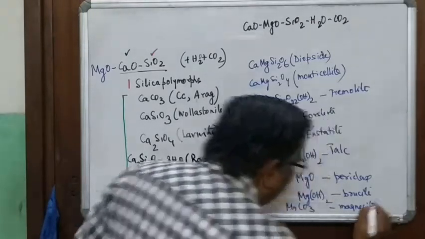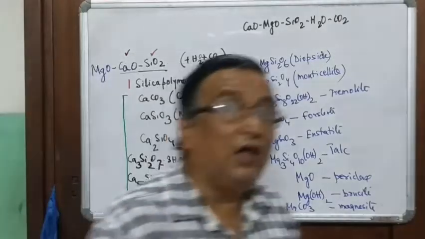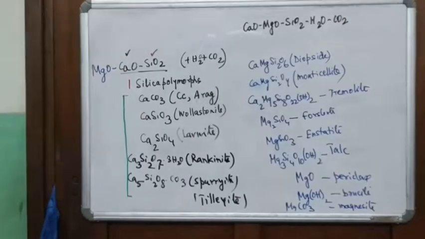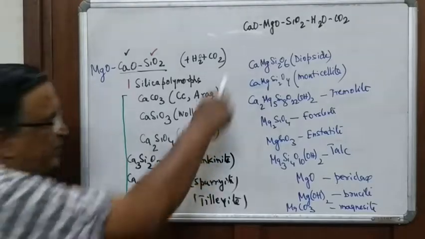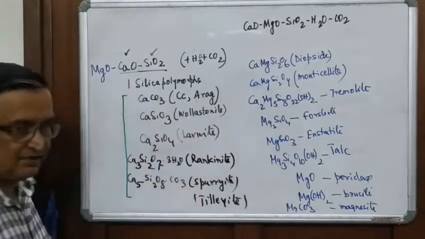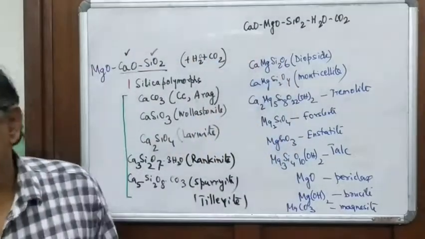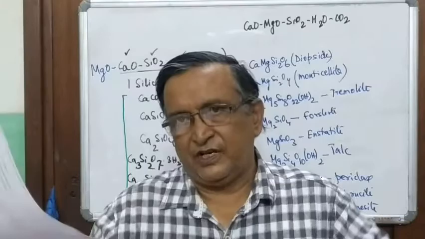Now you see, in this simple system, which is a very small system essentially, it's not a big system at all. So if you increase the number of components, you increase also the number of phases. And all of these phases are not stable at the same pressure temperature condition. They are stable at different pressure temperature conditions.